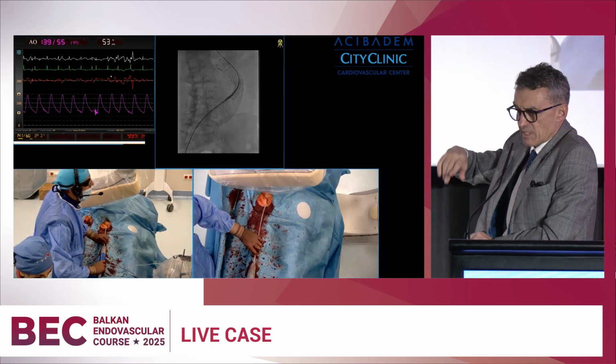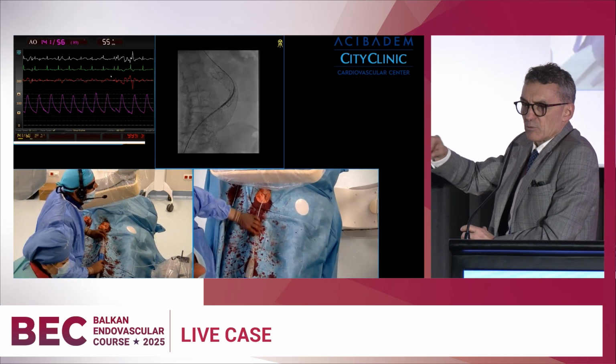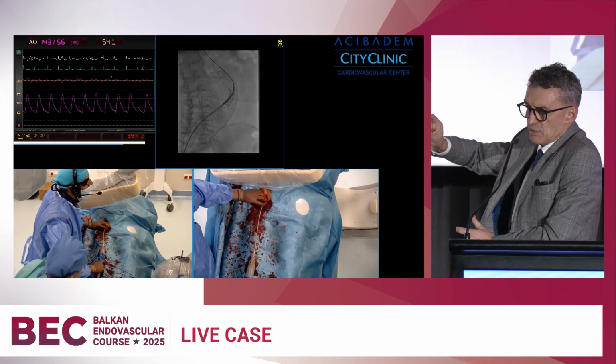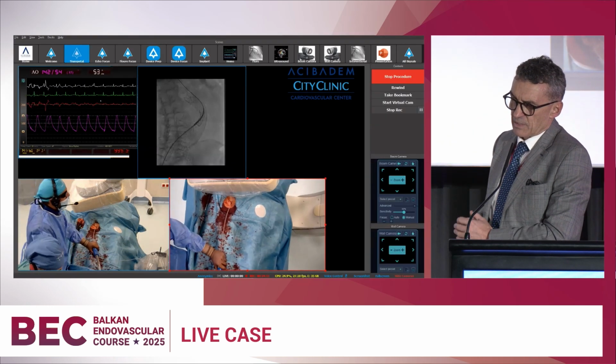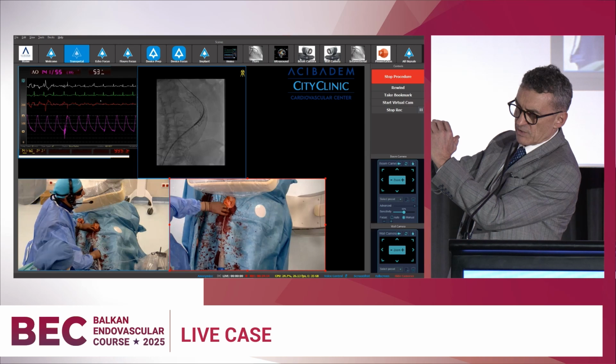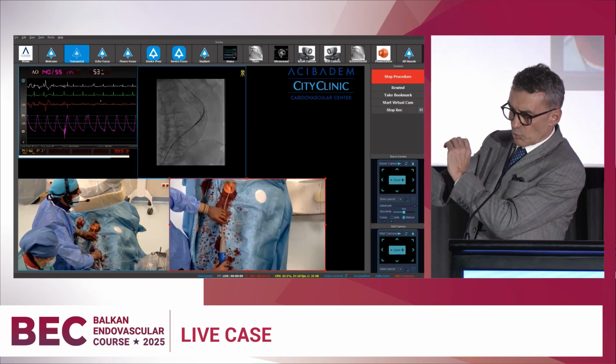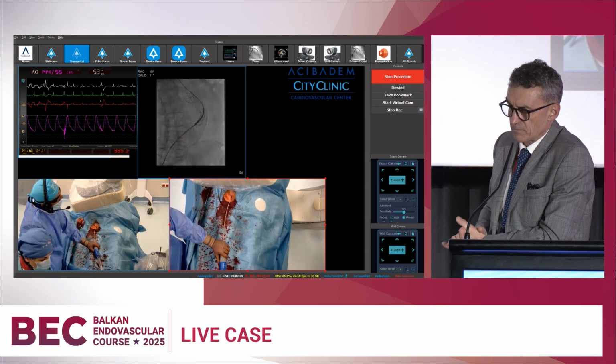So the new stent has to land with enough extension in the proximal stent and in the distal stent, in order to have a position of stent in stent on both sides to centralize the flow.